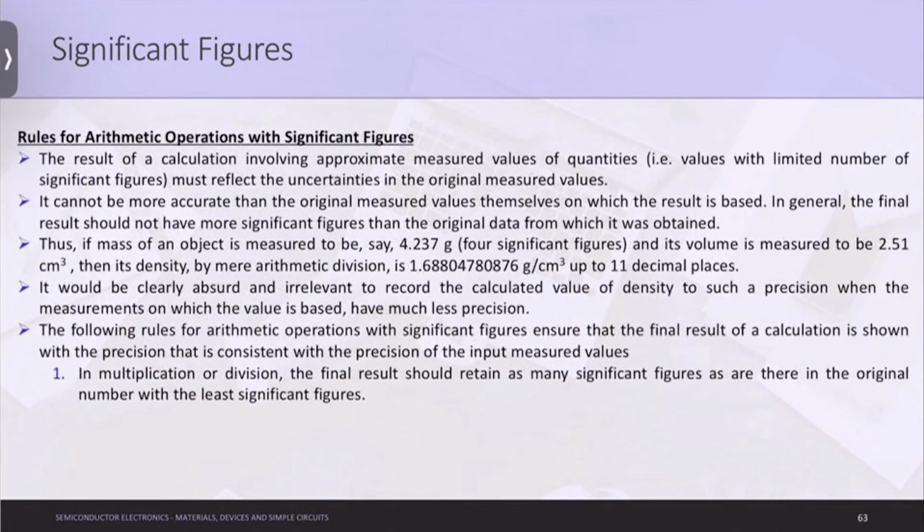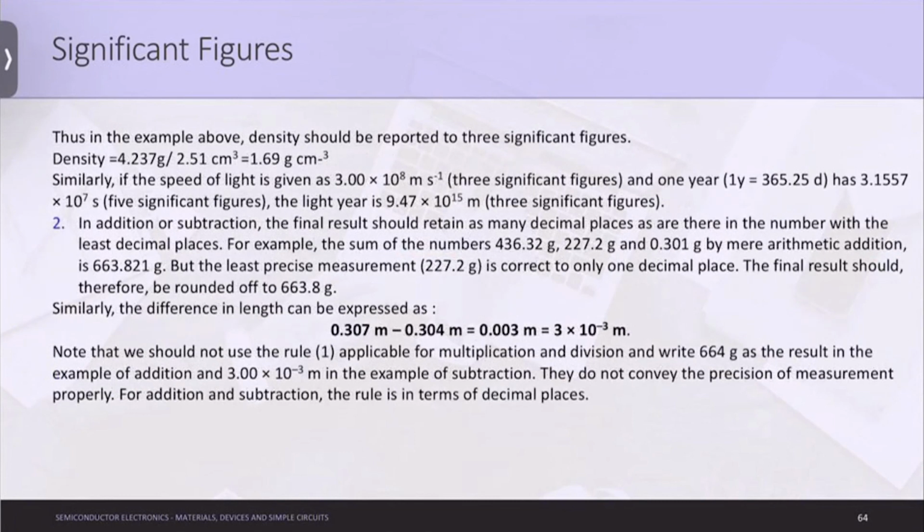Why? Because the least was for your volume, which had 3 significant figures. The mass had 4 significant figures. Therefore, density is equal to 4.237 grams upon 2.51 centimeter cube, which is equal to 1.69 gram per centimeter cube. Fine. So this is explained.